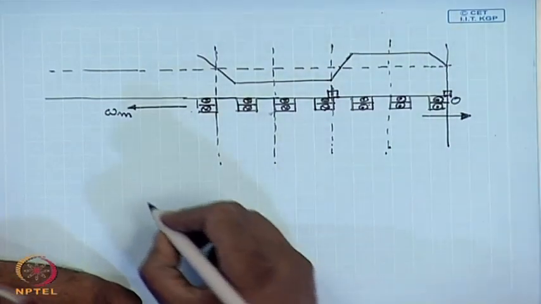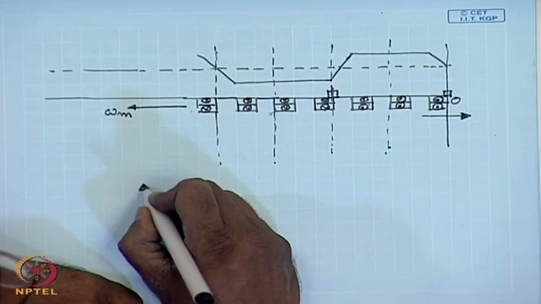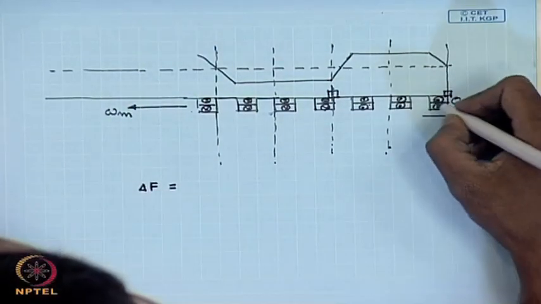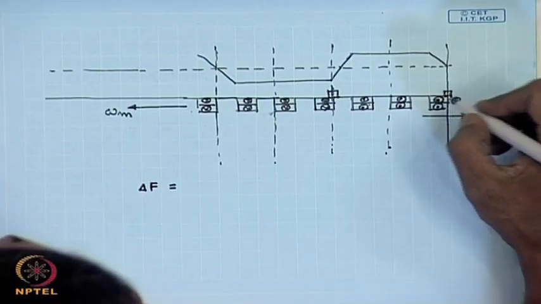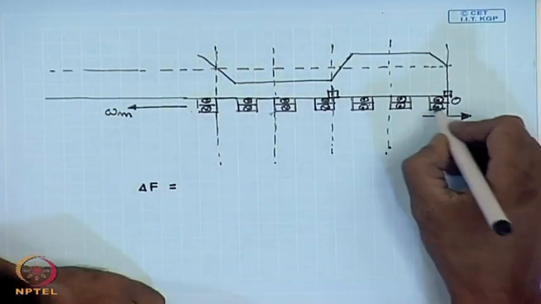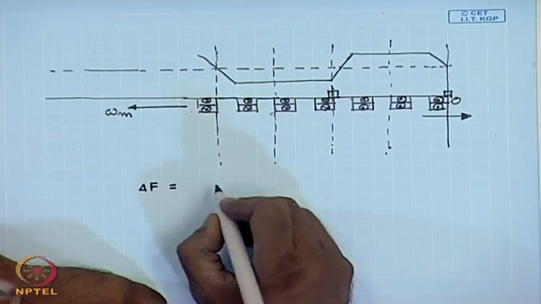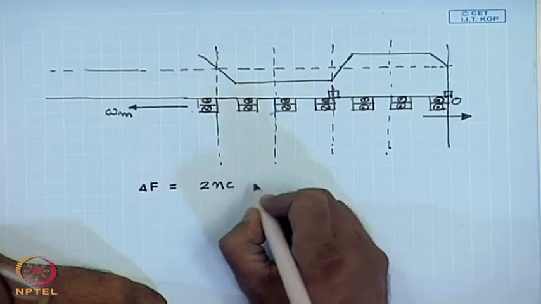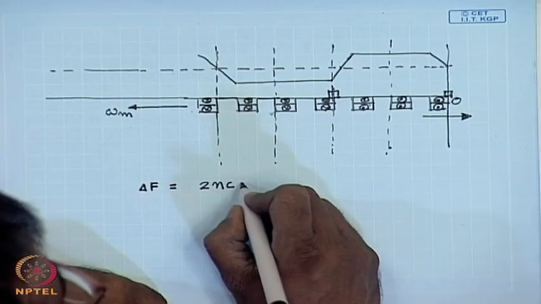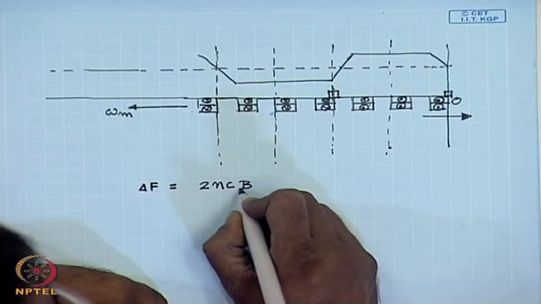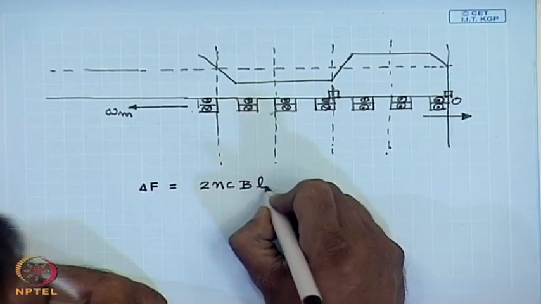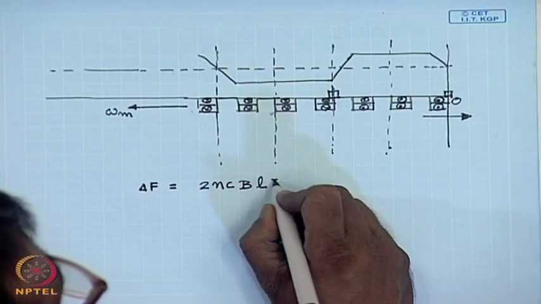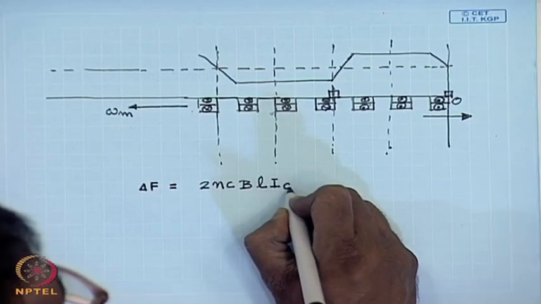Let us say one coil, delta F will be equal to the number of conductors at any given position, which due to double layer winding is 2 N c. So, this will be 2 N c, and then B into L and into I c, that is the current flowing through those conductors.